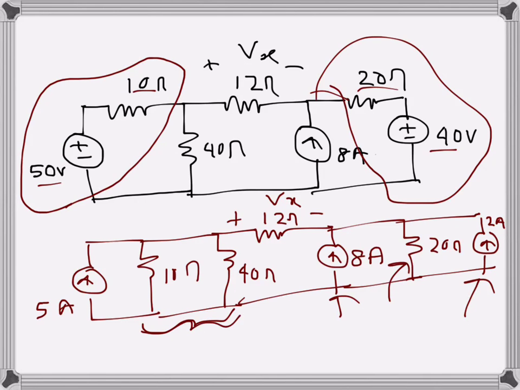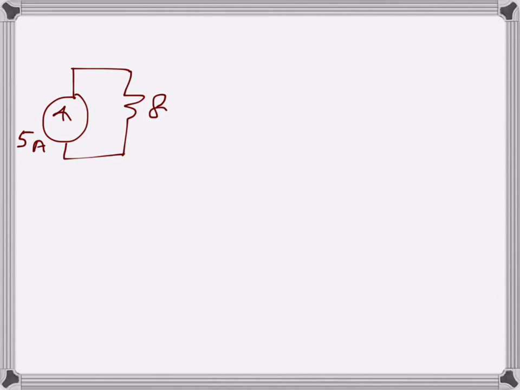The 5 amps stays the same, and the combination of 10 and 40 ohms in parallel is 10 times 40, which is 400, divided by 10 plus 40, which is 50, so that's 8 ohms. And this is 12 ohms.